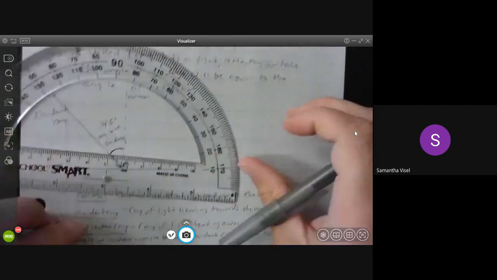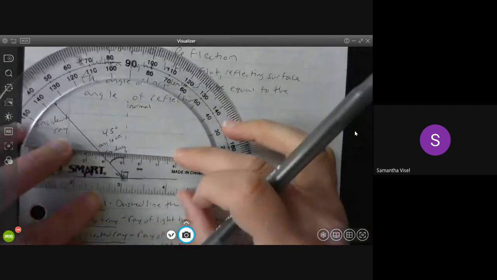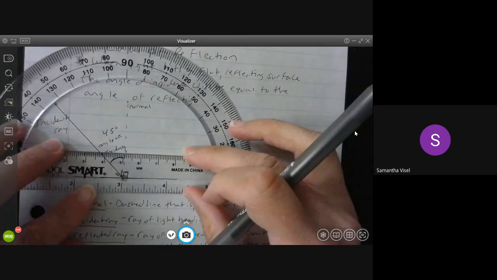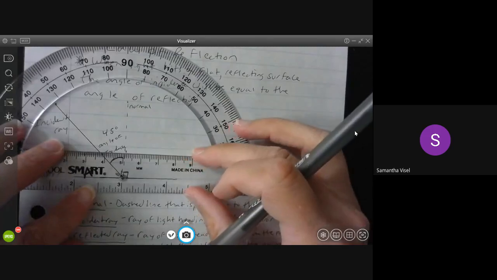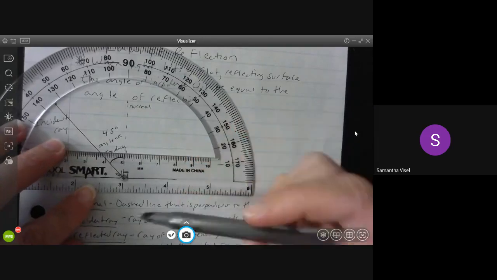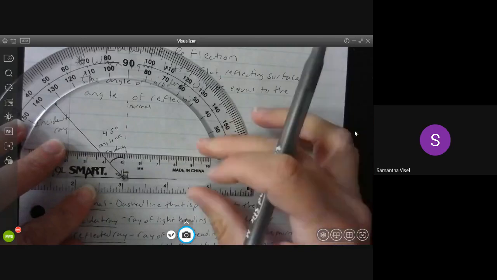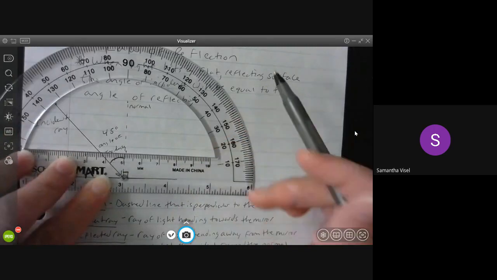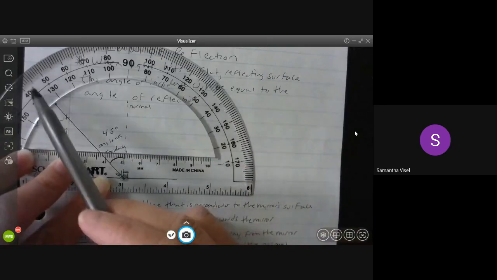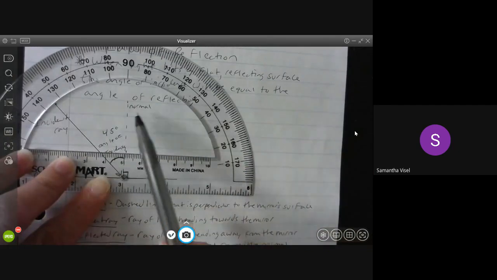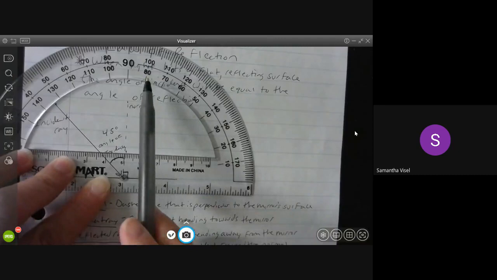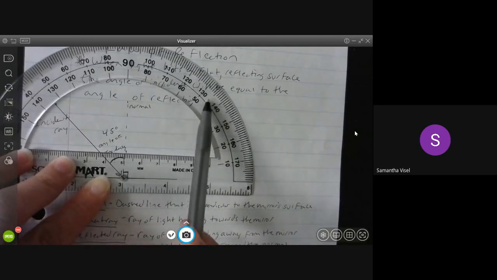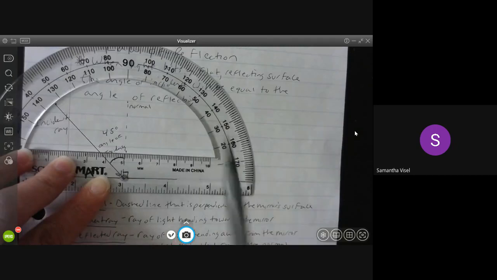So I'm going to take my protractor here and line it up again. I want the horizontal lines flat on the mirror surface, and then those two black vertical lines lined up with my normal. I can check to make sure that this is lined up with 45. Okay, so now I can go through here and find 45 degrees.